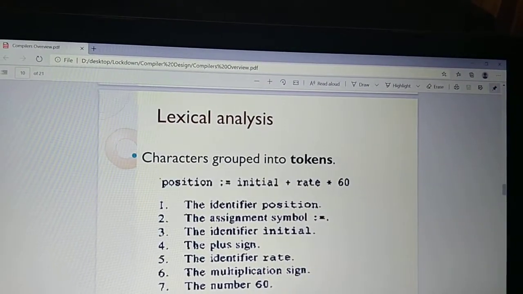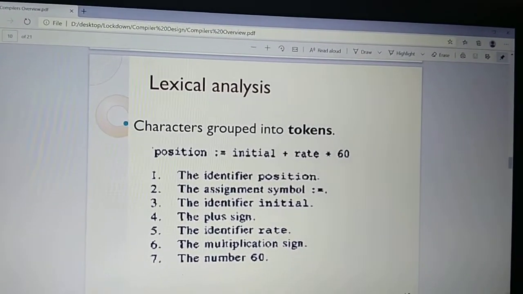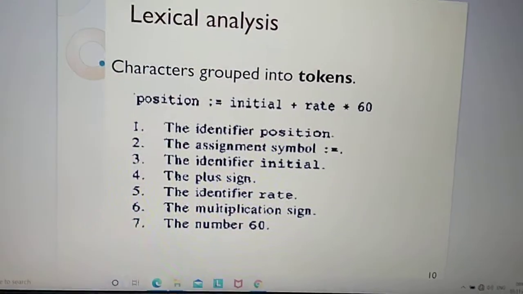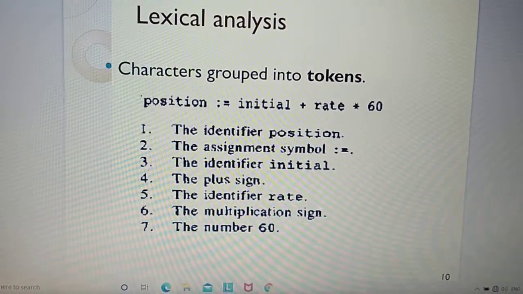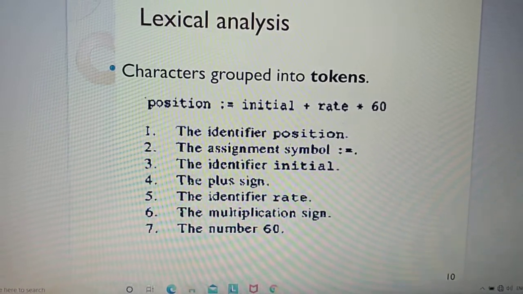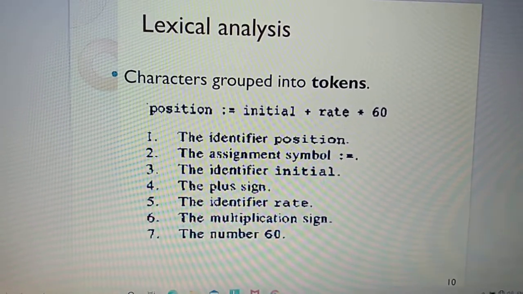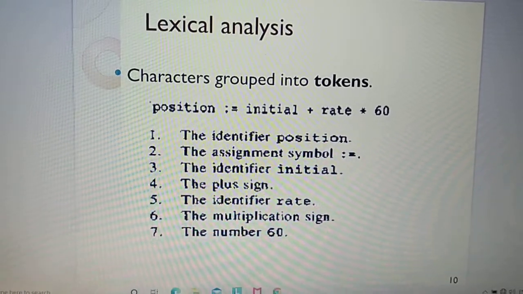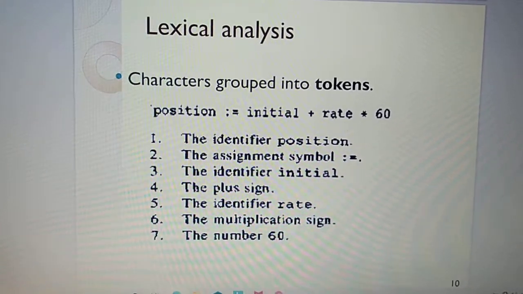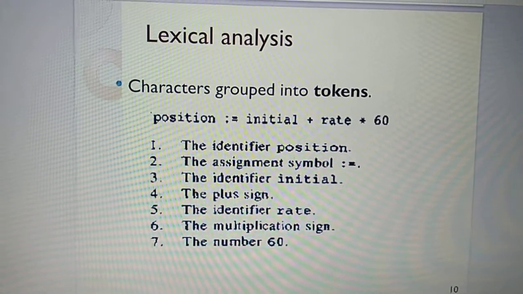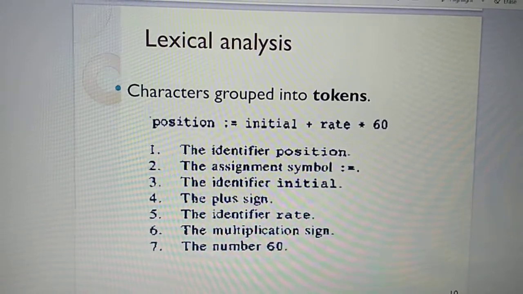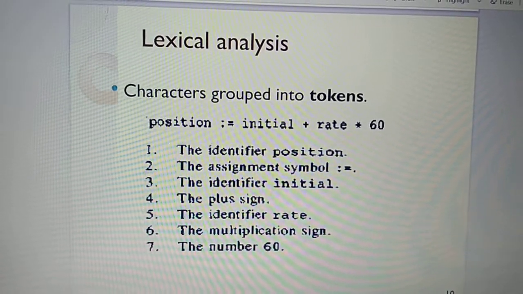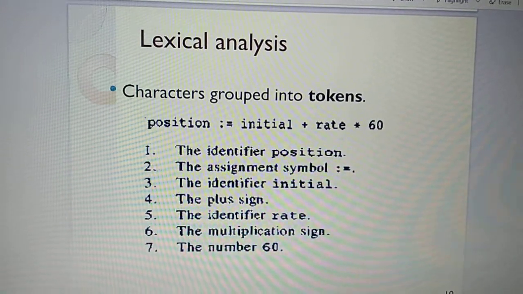Here it is shown how the tokens are identified in the lexical analysis phase. Suppose we have an input expression position is equal to initial plus rate into 60. Scanning is done from left to right. On the left side there is position, which is identified as the identifier position. Then we have the equal to symbol, which is identified as the assignment symbol.